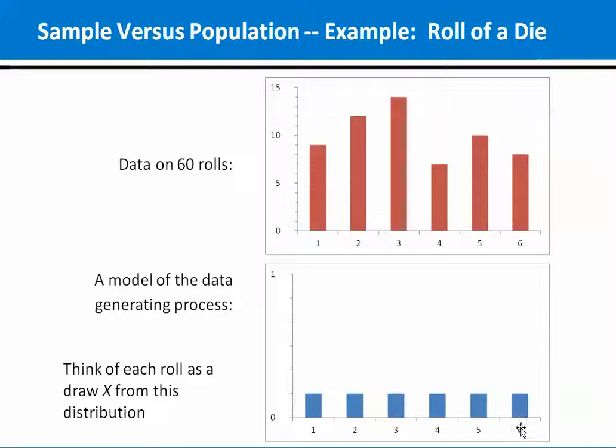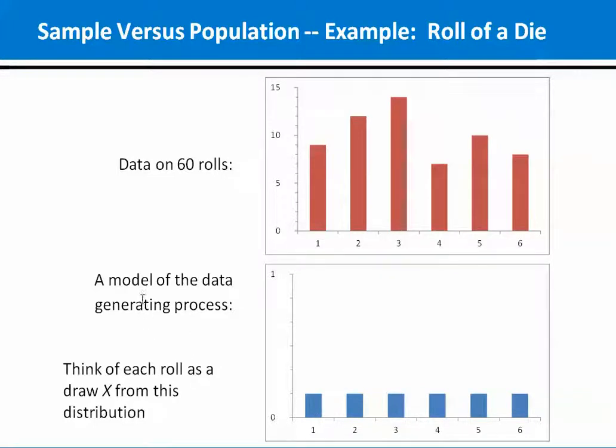The possible outcomes are 1, 2, 3, 4, 5, 6. But a feature of this population is that each of those outcomes is equally likely. So this is the population distribution. It's described by having equally likely probabilities if we're dealing with a perfect die. Now, it's a little bit strange to think about this as a population.